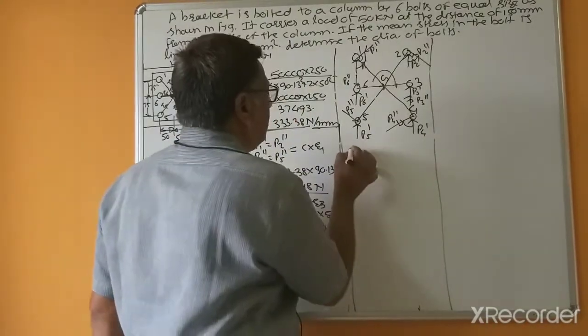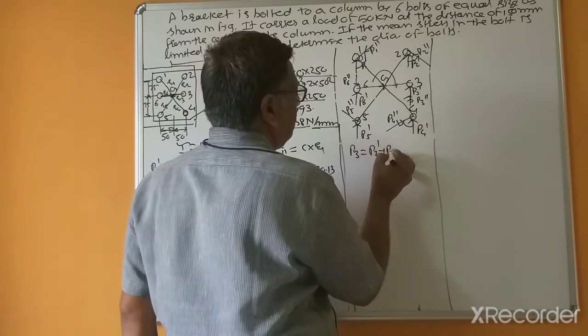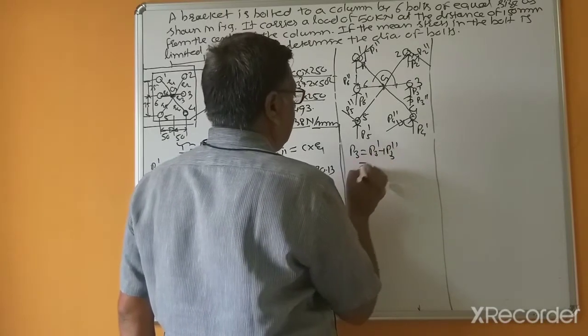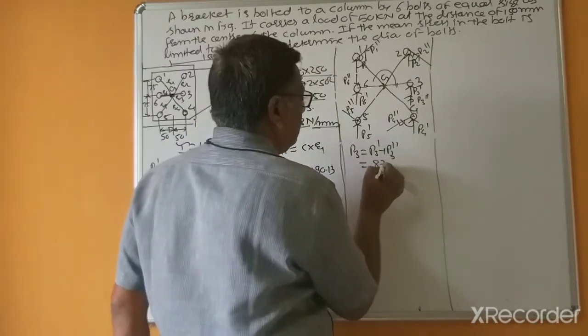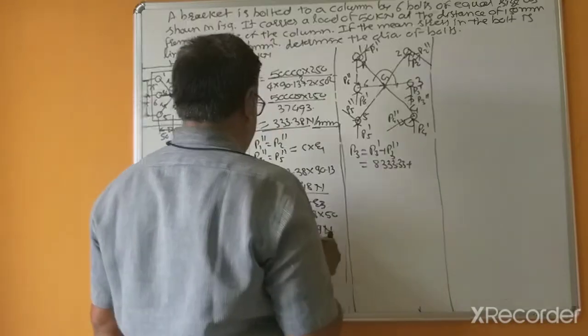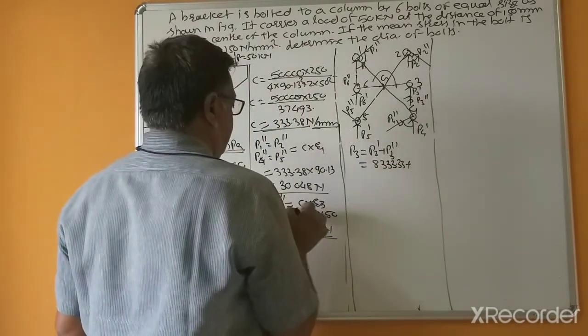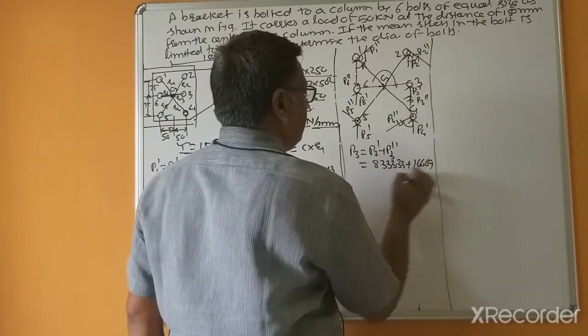So that's why P3 equal to P3 single dash, P3 double dash, P3 single dash 8,333 plus P3 double dash 6669.